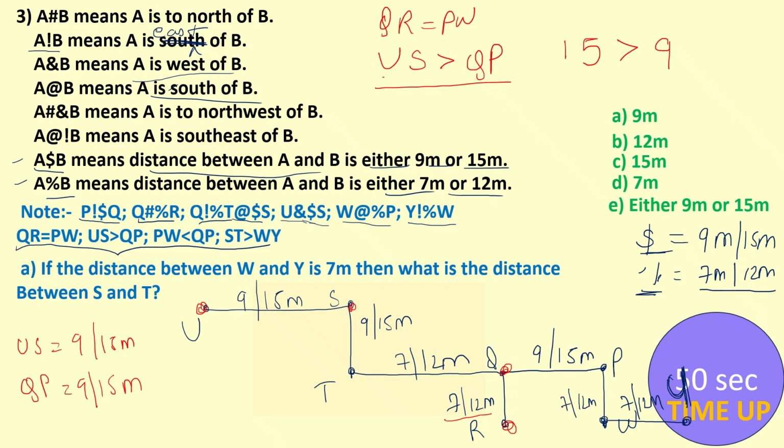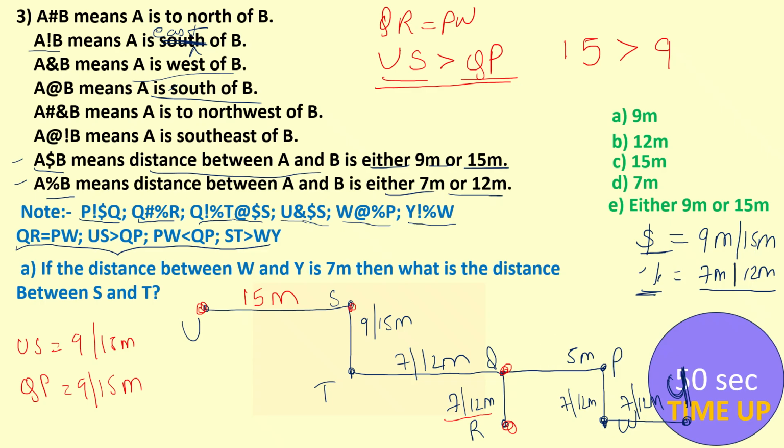So if US is 15, then QP will be what? 9 meter. Correct? So what you got from this is that US is 15 meter and your QP will be 9 meter. Okay?